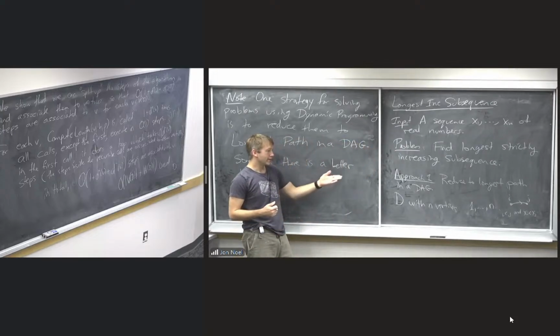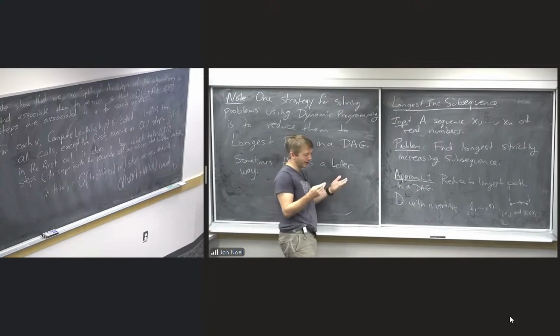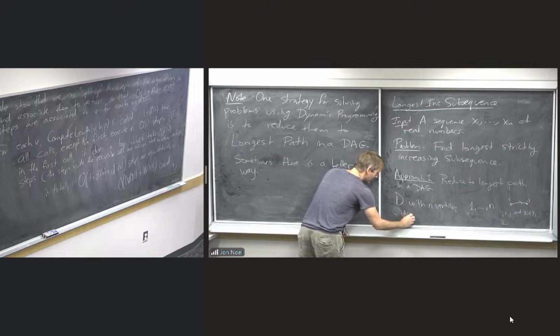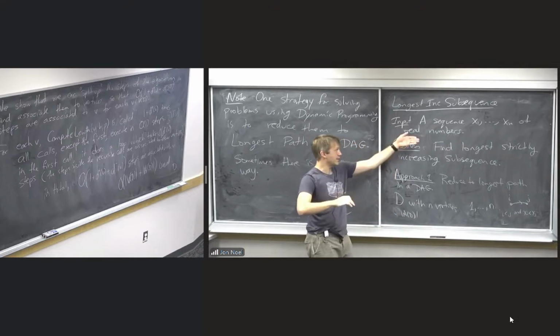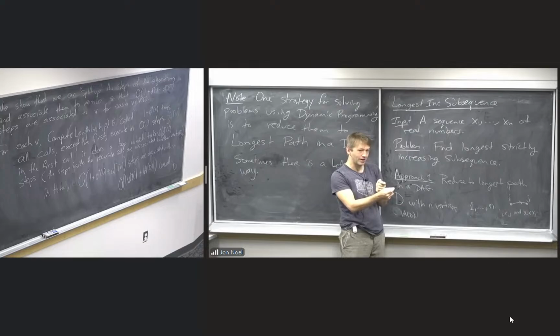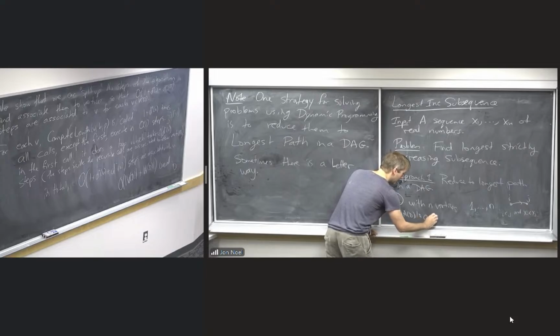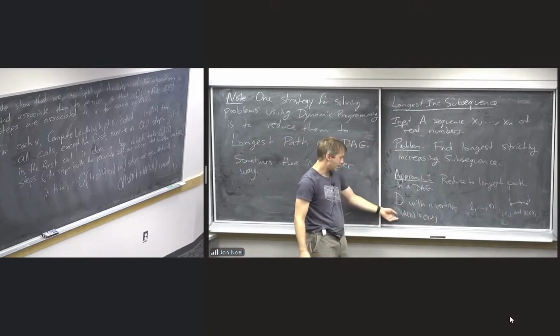The thing is, this digraph might have quite a lot of arcs, as high as big O of n squared. For example, if the whole sequence was increasing, then every pair would make an arc, so you could have n choose 2 arcs. And obviously the number of vertices is n.